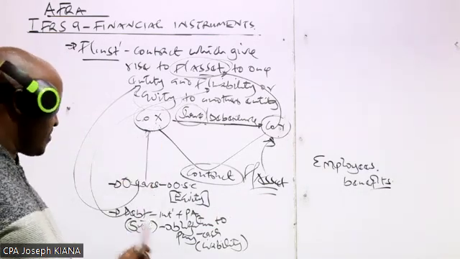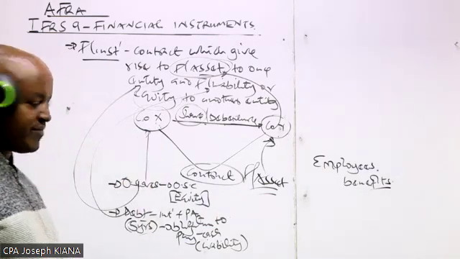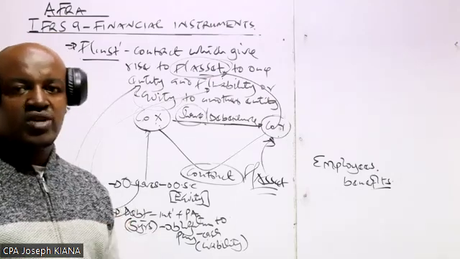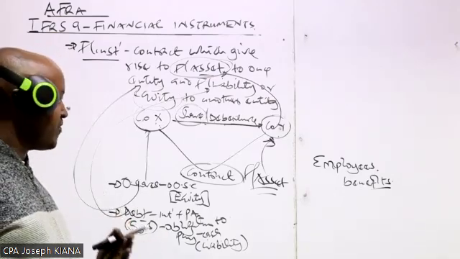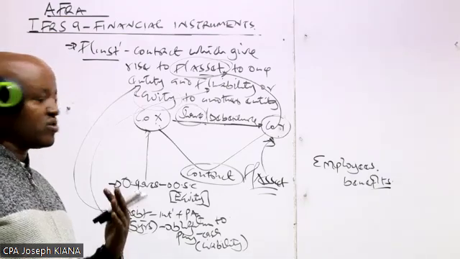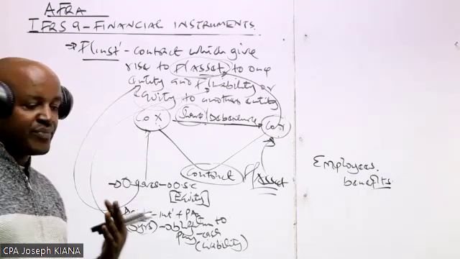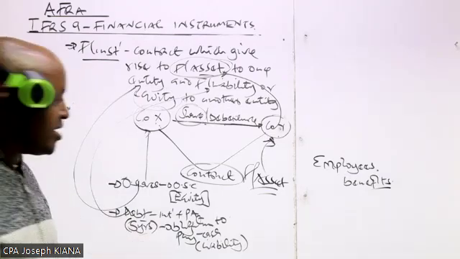On the other hand, a financial liability is basically a contractual obligation to pay cash by a company as a result of issuing debentures, issuing shares and so on.